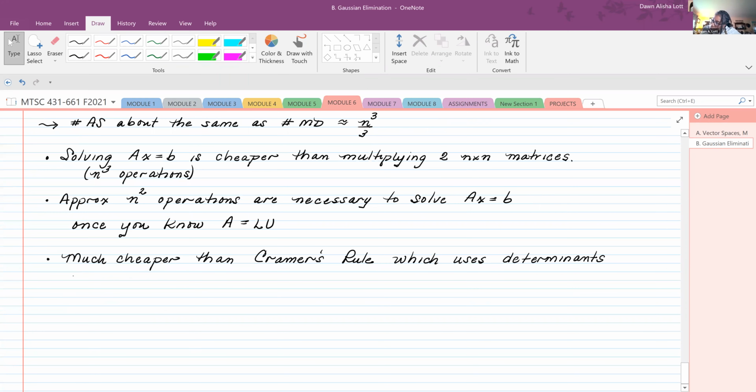That has n plus 1 factorial operations. So if n is equal to 5, Gaussian elimination will be approximately 65 operations, considering only multiplications and divisions.